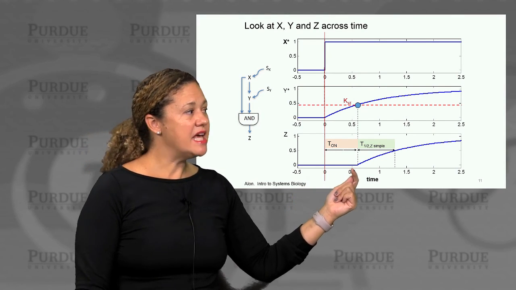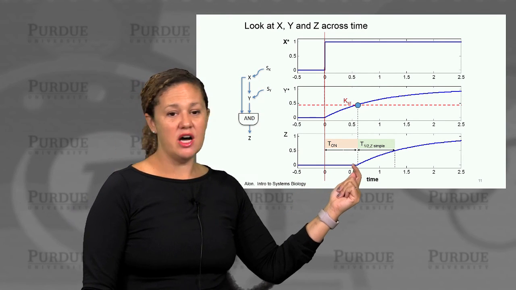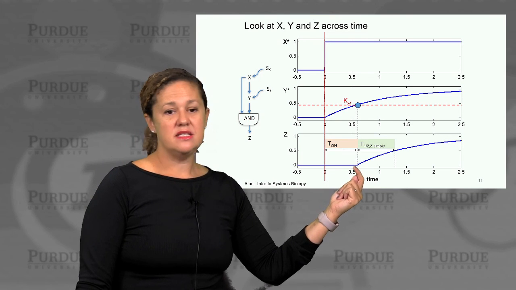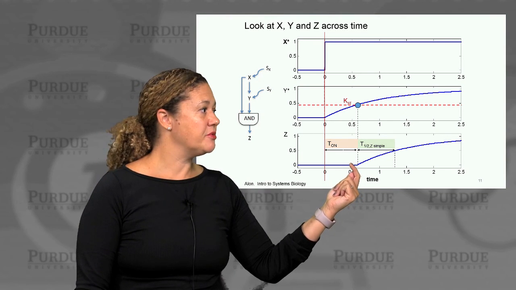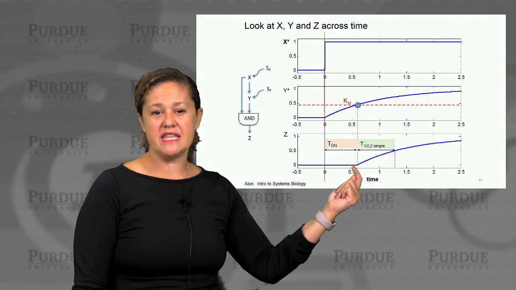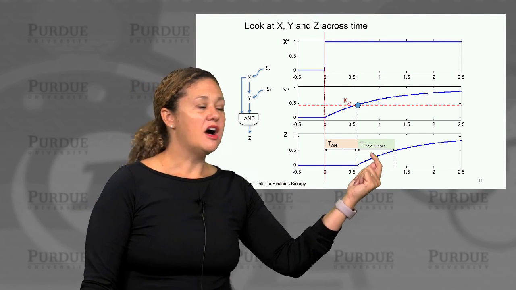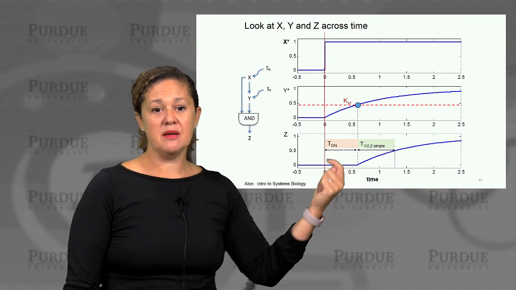So we have a delay here. This T on value now becomes a delay, and Z doesn't turn on until X and Y are both above their thresholds. Once Y reaches that, Z expression turns on, following our simple activation time curve.